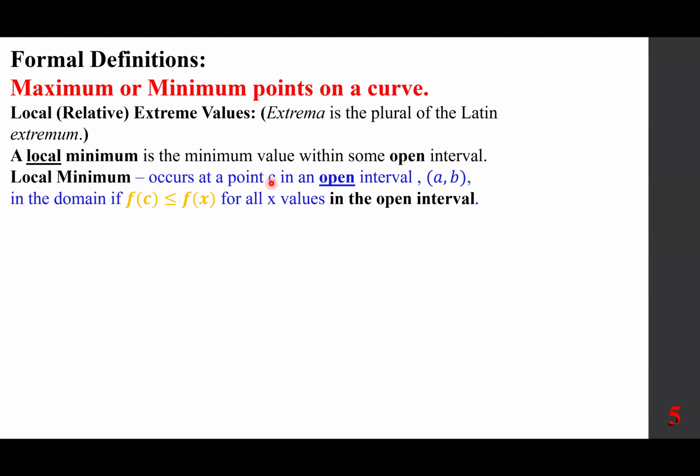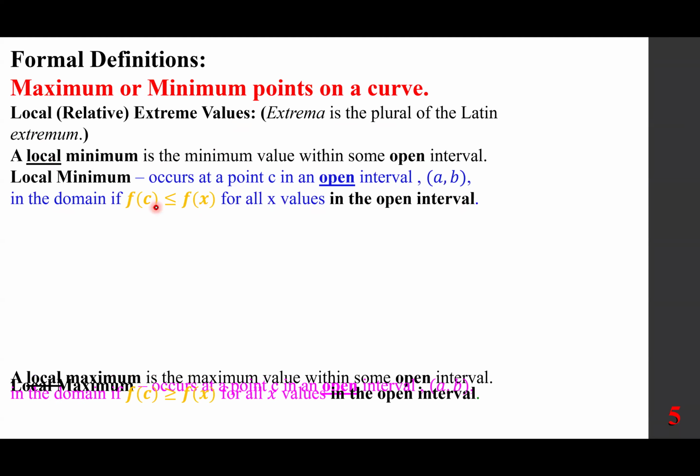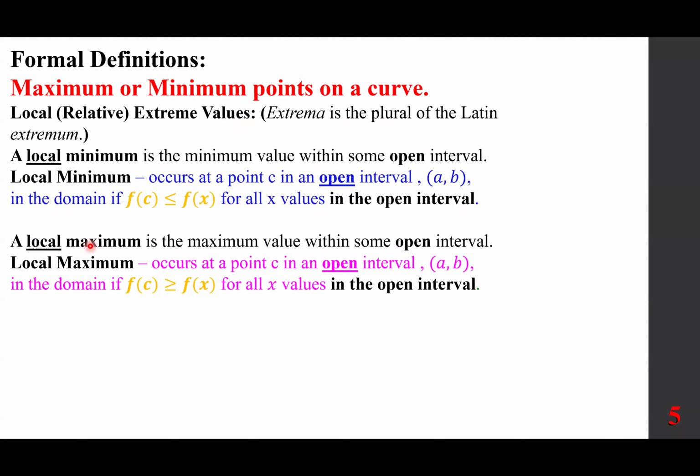A local minimum occurs at a point c in an open interval a to b in the domain if f of c is less than or equal to f of x for all x values in the open interval. This is the key. On the other hand, a local maximum is the maximum value within some open interval. A local maximum occurs at a point c in an open interval a to b in the domain if f of c is larger than or equal to f of x for all x values in the open interval. So this is less than or equal, this is greater than or equal.